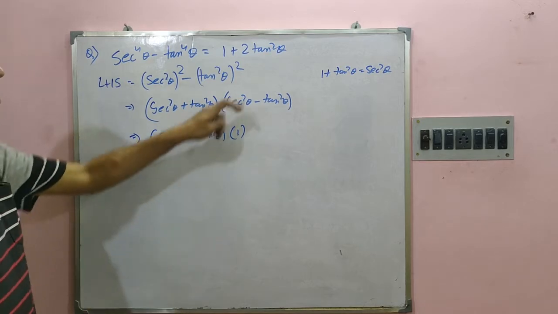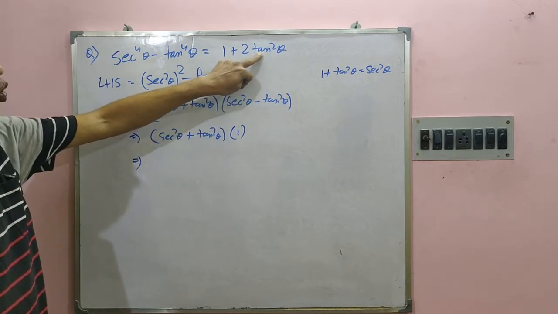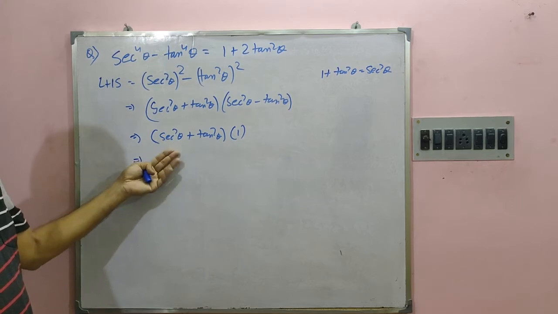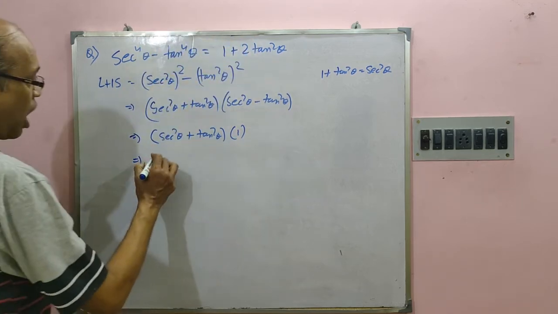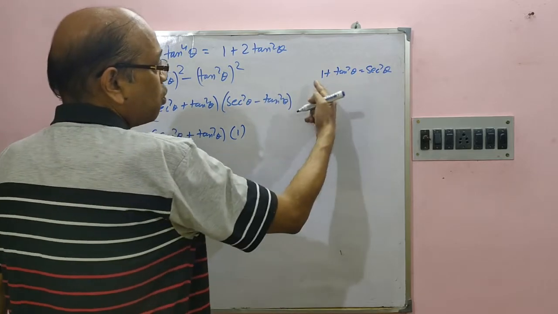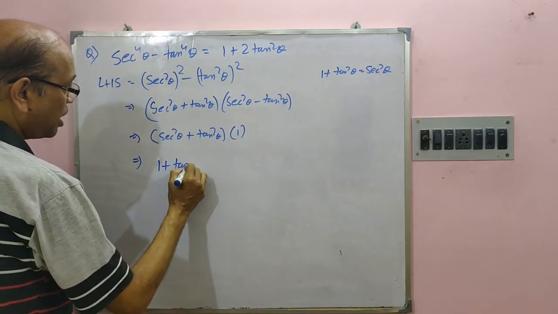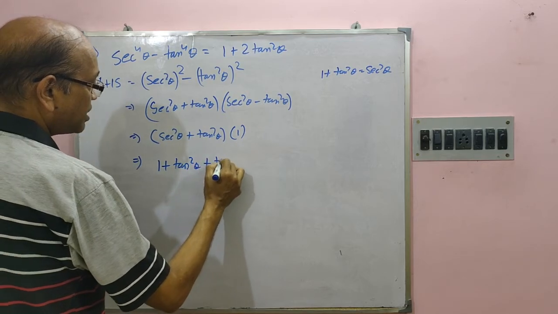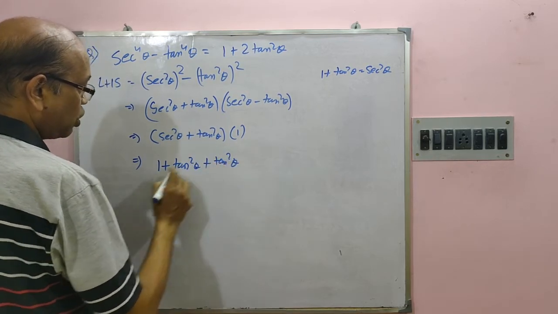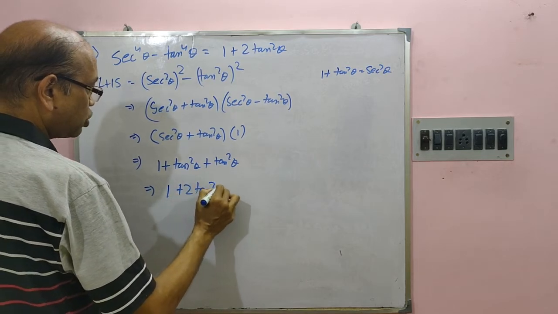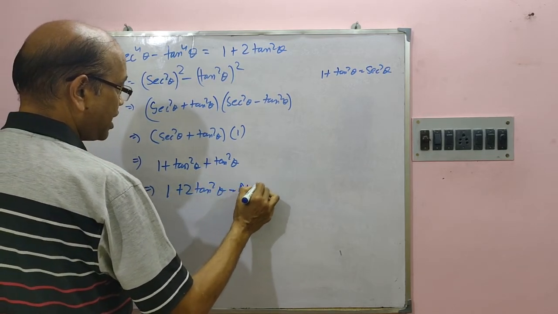Now on my right hand side, I see there is only tan square, but here I see secant square. So change secant square into tan square. Secant square is 1 plus tan square theta. So secant square theta is 1 plus tan square theta, plus tan square theta, which is equal to 1 plus 2 tan square theta, equal to the right hand side, proved.